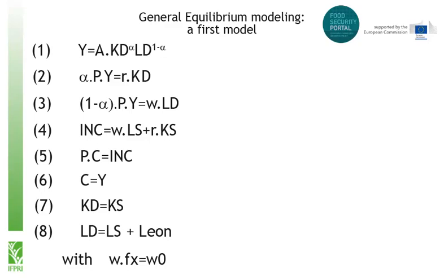So we have 8 independent equations and 8 variables: Y, the level of production; KD, the demand for capital; LD, the demand for labor; P, the price of the good; R, the price of capital; C, the level of final consumption in volume; I and C, the level of income; and Léon, which is this supplementary variable.